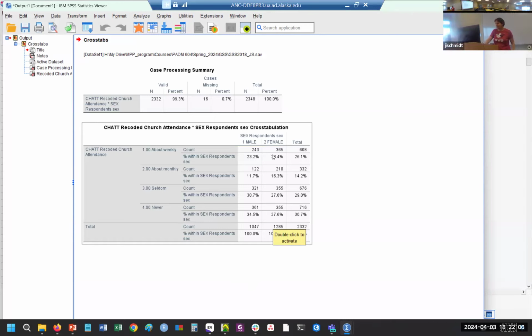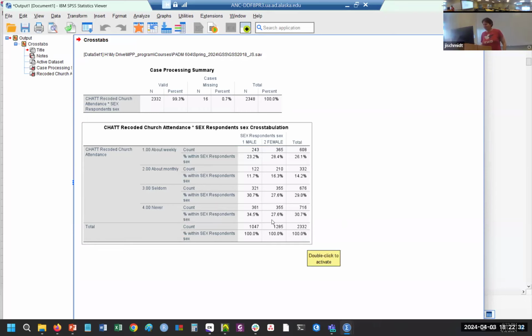About weekly, a lot more women go than men. Typically, the rule is that if there's a 10 percentage point difference, then there's probably a relationship worth exploring. If we collapse these down even further, to seldom to never and about weekly to about monthly, I think the differences would be even more exaggerated.